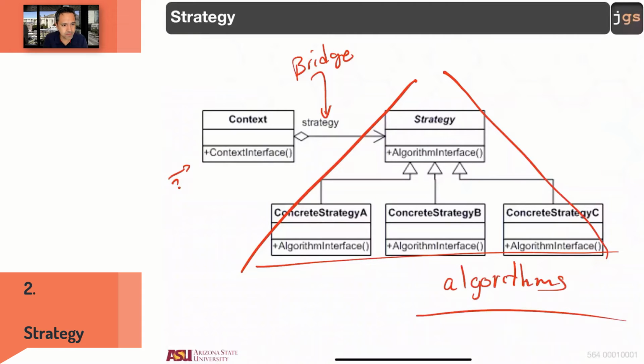Not any family. It's going to be a family of algorithms. Okay. If you want to connect two things and you don't care what those two things are, use a bridge. But you have a particular case in which one of the ends of the bridge is a family of algorithms and the other one is someone or something, we don't care what, that you want to cross the bridge in order to take one algorithm, even at runtime.